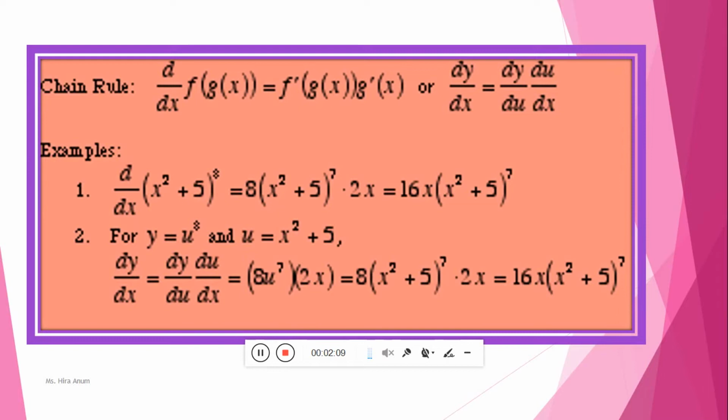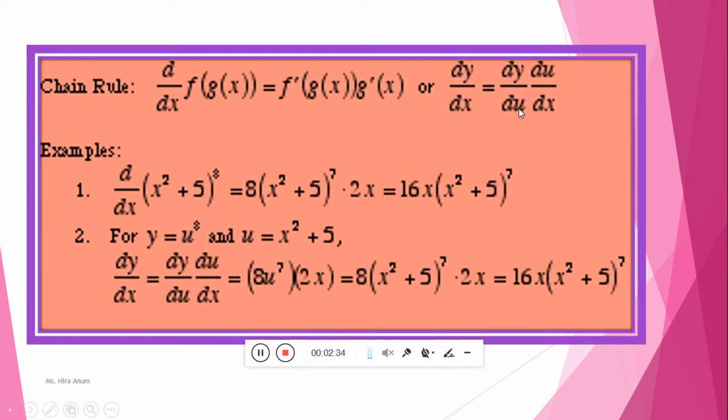Chain rule, also discussed before this. Now we have dy/dx equals dy/du times du/dx. Here we introduce another variable u, then we let the y function equal u, then we differentiate with respect to u.